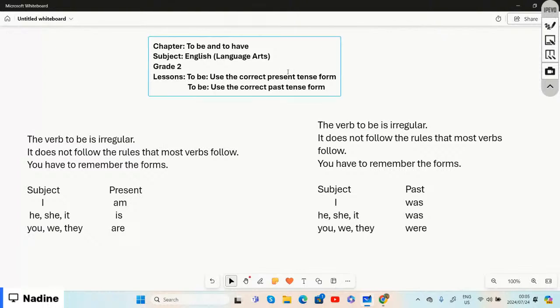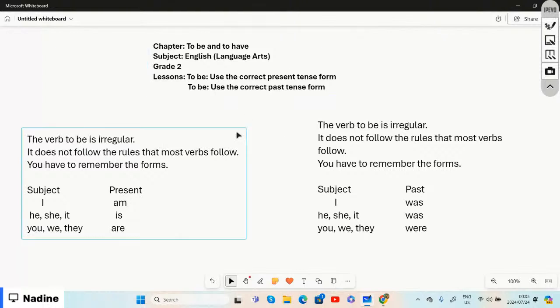All right. So when it comes to be and to have, right? So we need to, for example, use the correct present tense form within the text as well as the past tense form. So the verb to be is irregular, right?